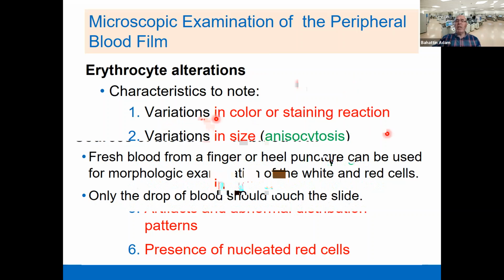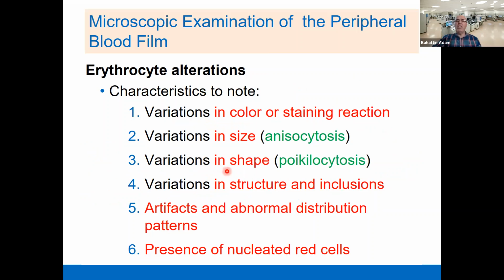The variation in color or staining reaction, variation in size, variation in shape, variation in structure and inclusions, artifacts and abnormal distribution patterns. Each of them sometimes has really important meanings.